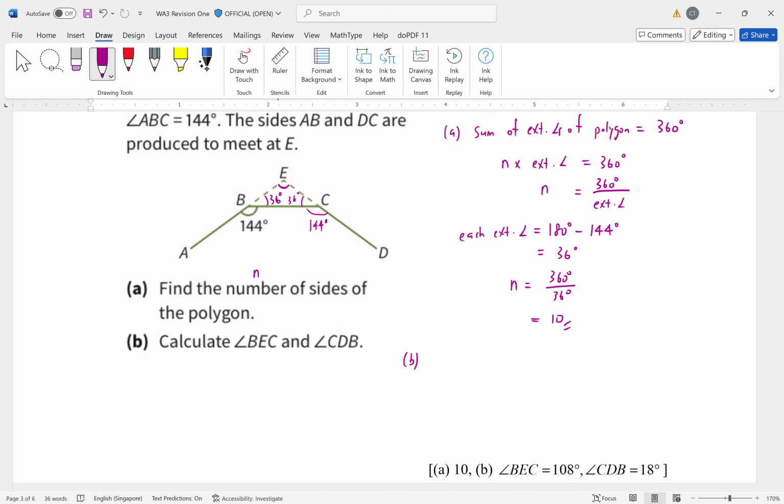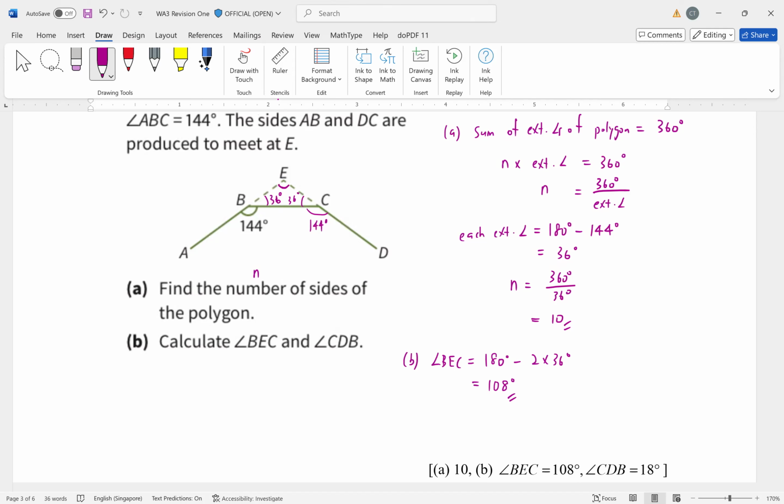So angle BEC will be equal to 180 minus 2 times 36 degrees. That will be 180 minus 72, so it's 108 degrees. So that's angle BEC.